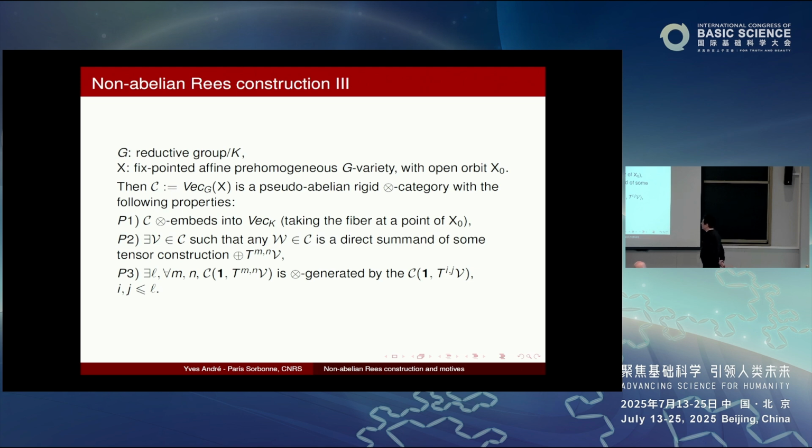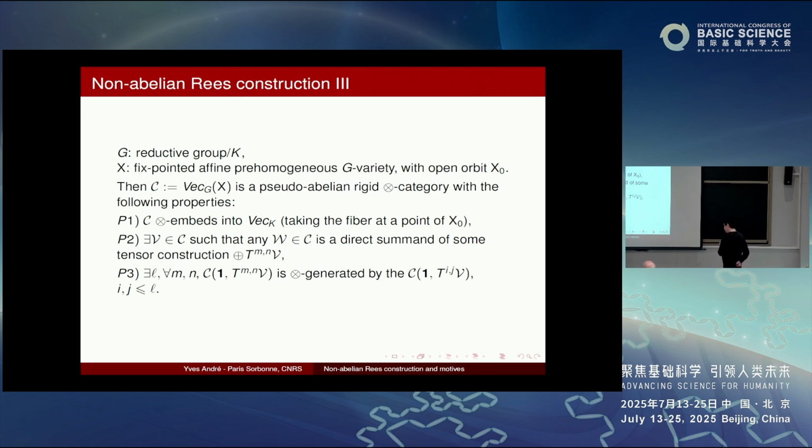Then the category C, which in this slide denotes the category of G equivariant vector bundles on X, has the following properties. This is a pseudo-abelian rigid tensor category with properties P1, P2, and P3. P1 says that C tensor embeds into the category of vector spaces over K, just by taking the fiber at any point in X naught, giving you a faithful functor.